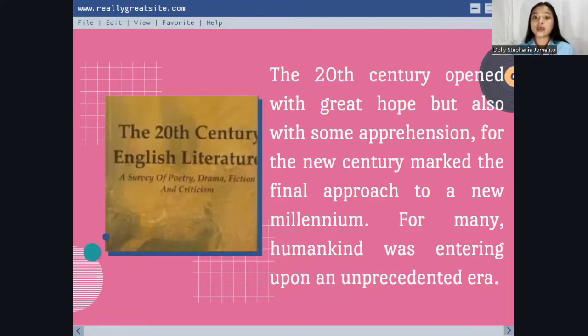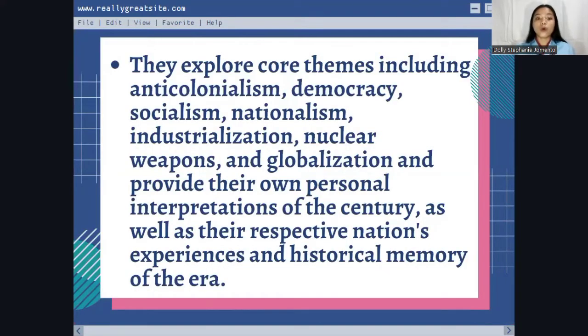So since it is the 20th century, this focuses mainly on the technological advancements in literary aspects. Now, they explore core themes including anti-colonialism, democracy, socialism, nationalism, industrialization, nuclear weapons, and globalization, and provide their own personal interpretations of the century, just like what I had discussed earlier, as well as their respective nations' experiences and historical memory of the era.